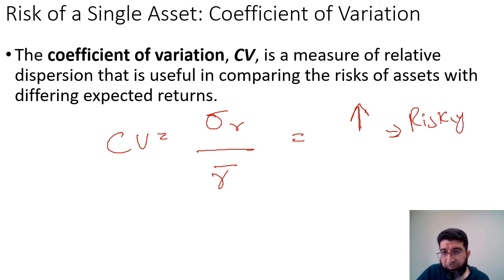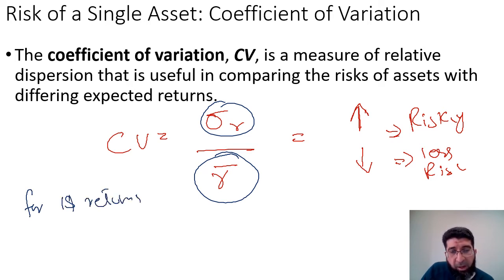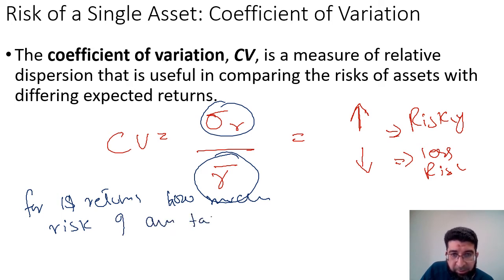If it is low, then this means that the investment is less risky. In other words, it tells us the risk per unit of return, or in other words, for every dollar of return, how much risk I am taking.